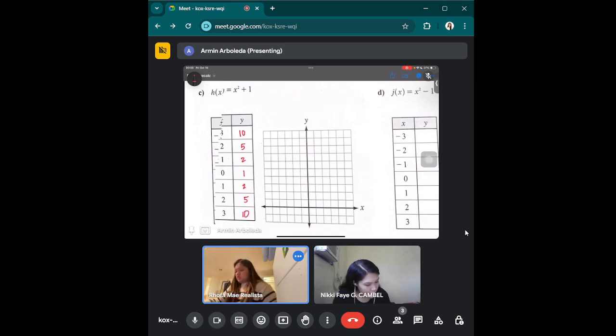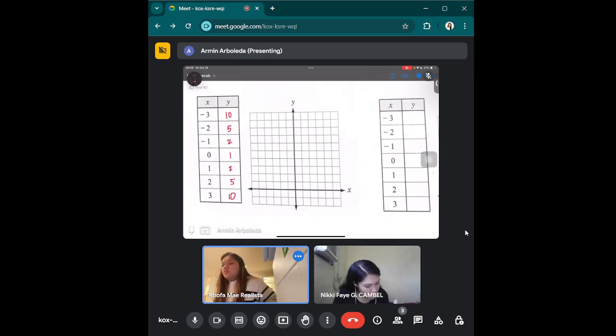Okay, so writing it, we start with the assumed vertex here. You have your 0 and 1. 0 is here, your 1 is here. So here is the vertex. Start with the positives.